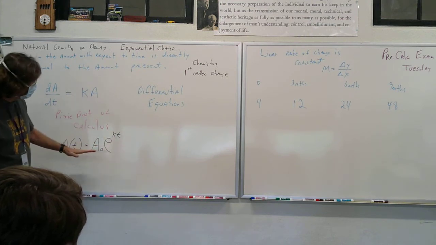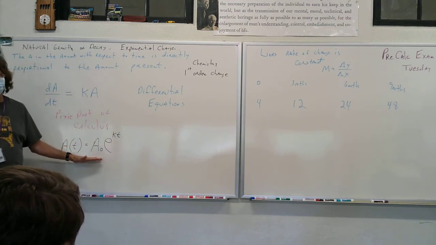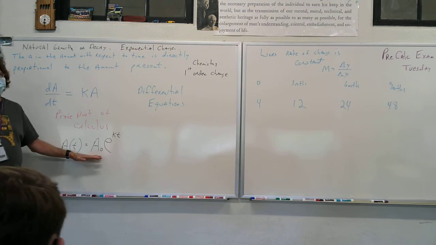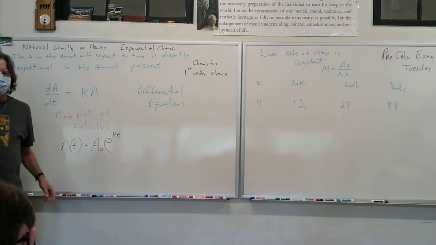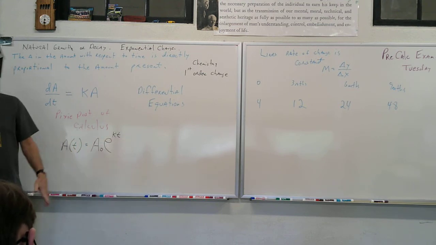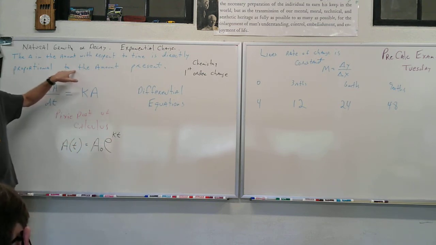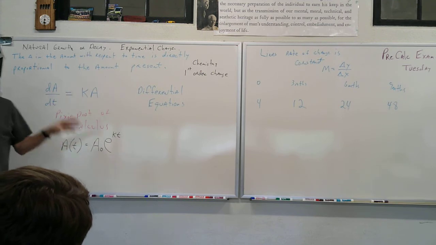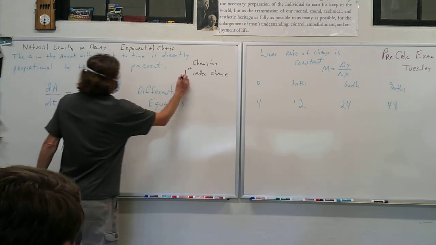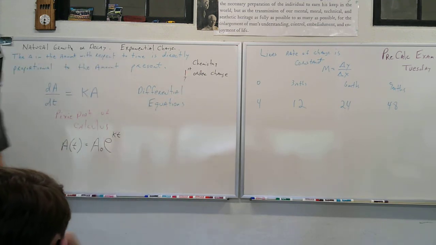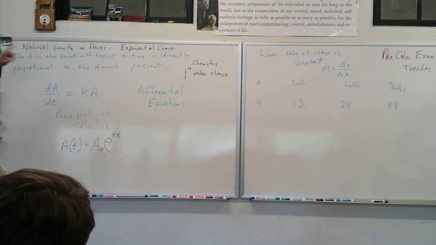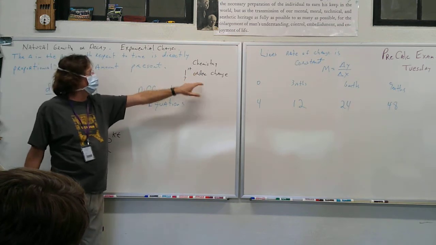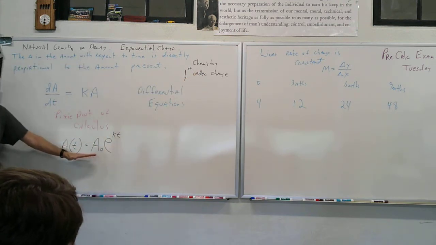I'm almost certain this is the formula for first order, okay? And it may be the one for second order, but this is one of their orders' formulas. And I could derive the other ones for you because I know the words up here. But I think this one is first order. You can put a little question mark there, but I think it's first order, okay, in chemistry. But all of these things, natural growth or decay, exponential change, chemistry first order, this is the formula for them.